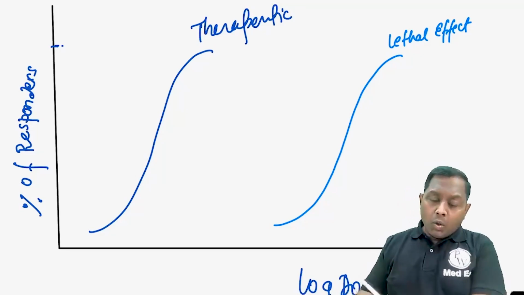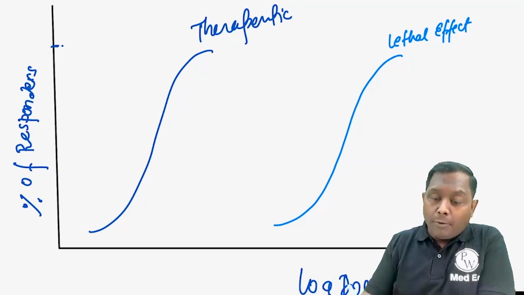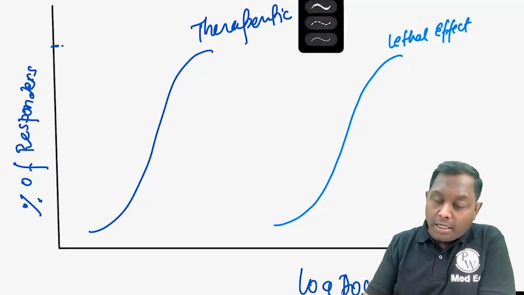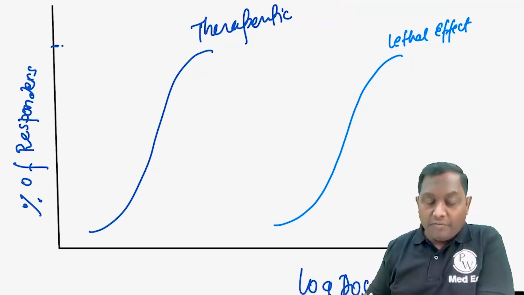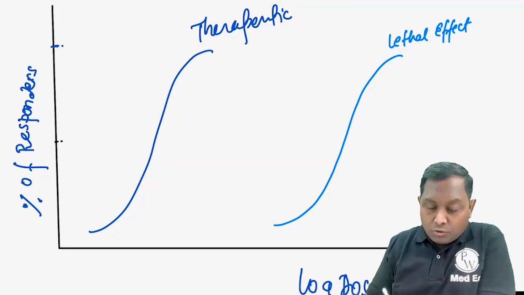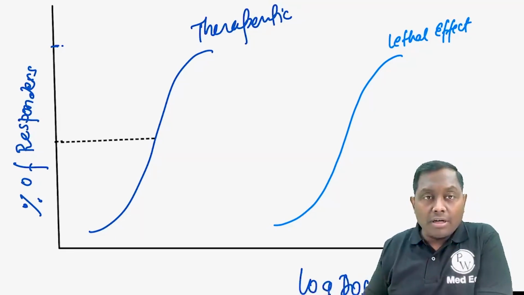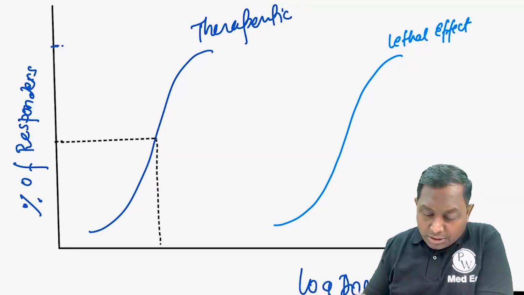Now a dose that can create therapeutic effect in 50%. Let's say this is 100% responders, and this is 50% responders. What name did we give it? ED50, because initially there will be therapeutic effect. So this is the dose that we have.